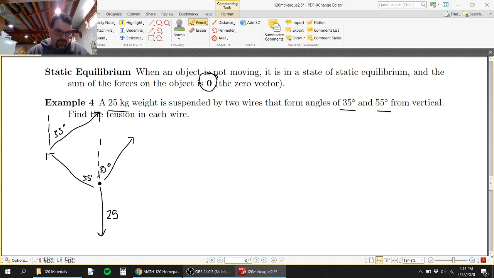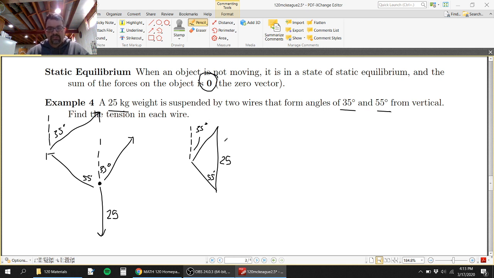And the thing is, when these two sides add up, they should exactly counterbalance. They should give you a vector that points straight up with a length of 25. So in other words, here's the triangle we have, where this needs to be 25, we know this is 55, and this angle in here is 35 degrees.